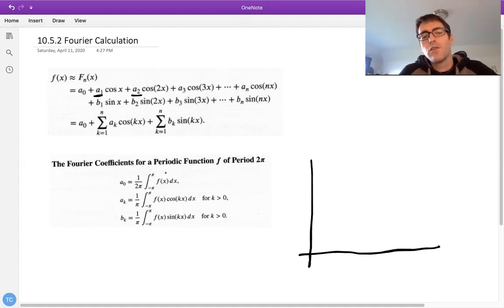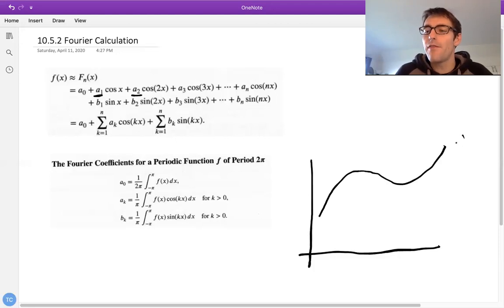So you'll notice that each of these terms, we're integrating over some range. And in this formula, the range has to do with going from negative pi to pi. We could use a different range. So if what we're interested in is what this f of x function is doing over a particular range of x values, to find the constant term for the Fourier series, we need to find what the average value of f of x is, right?